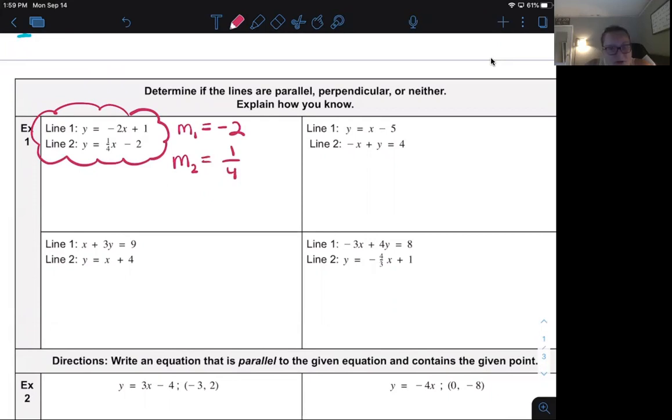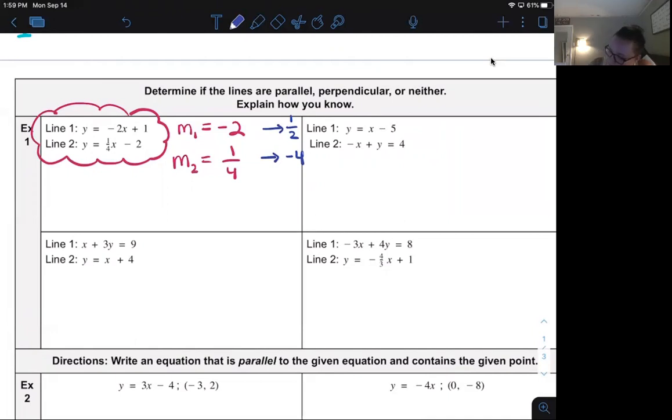Well, these slopes are not the same, and they're also not opposite reciprocals. The opposite reciprocal of -2 would be positive 1/2, and the opposite reciprocal of 1/4 would be -4. So these also aren't perpendicular lines. So that means that these lines are neither parallel nor perpendicular.